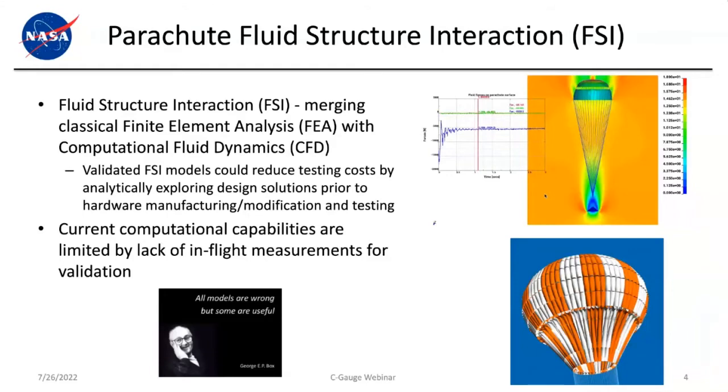So in the ideal world with enough computing power, we can run a full simulation that simulates how the air migrates around the capsule, creates wake, interfaces with the parachute itself and the lines, and then the parachute can deform according to that free stream air.